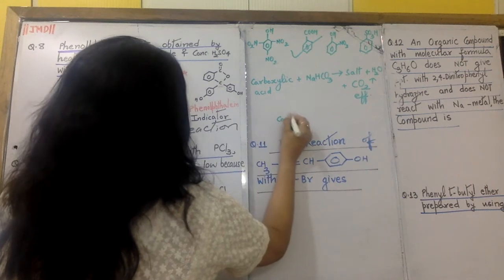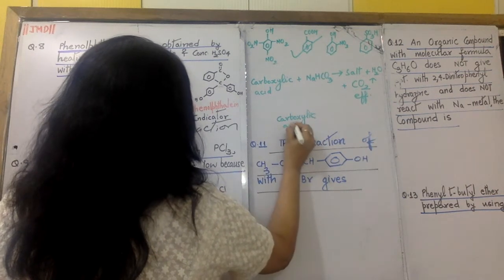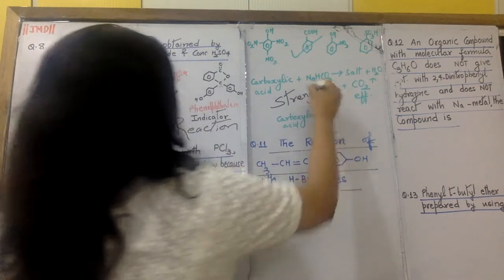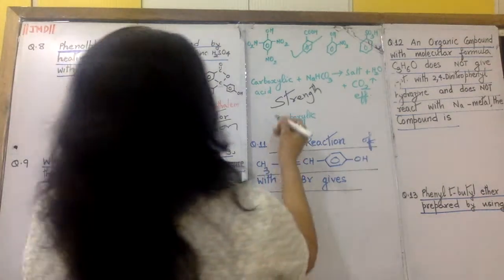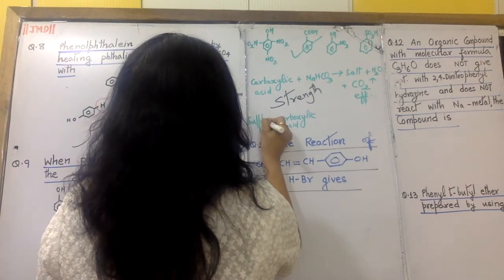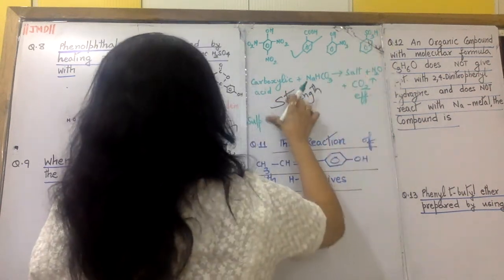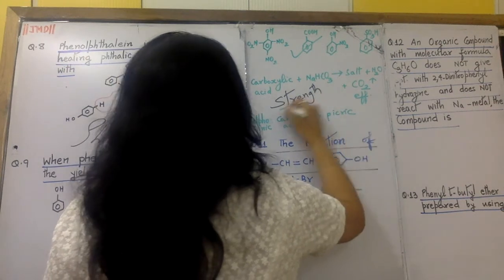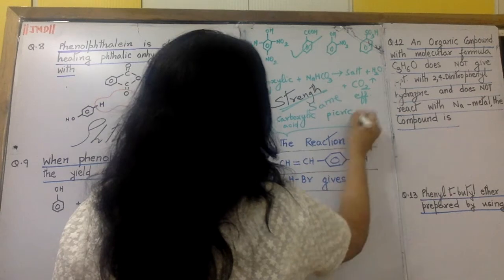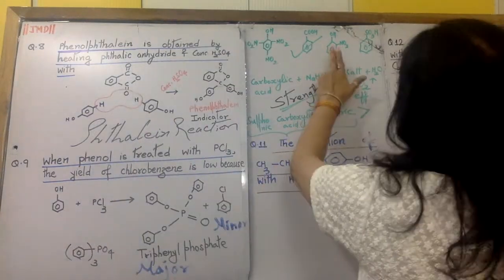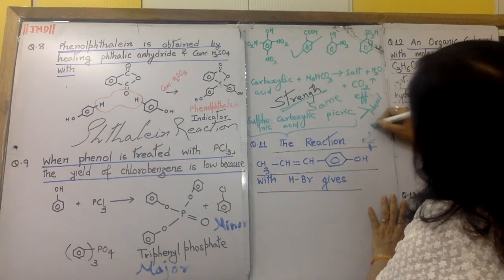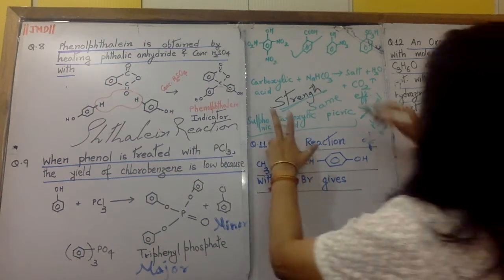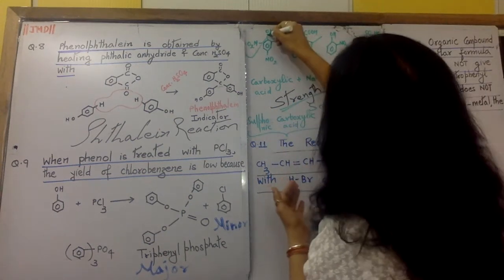अब carboxylic acid का जो भी strength है, I'll just write it in another color, strength. अब कार्बोक्सिलिक का, फिर सल्फोनिक का, ये सल्फोनिक है, सल्फ्यूरिक नहीं है, सल्फोनिक और पिक्रिक, इनका जो स्ट्रेंथ है ना ऑलमोस्ट सेम है, और जो कि बहुत ज्यादा है इससे फिनॉल या फिनॉल प्लस EWG, ये फिनॉल प्लस EWG इससे बहुत ज्यादा है, तो ये टेस्ट देगा, ये भी देगा क्योंकि उसके जितना ताकत में है, ये वाला नहीं देगा.